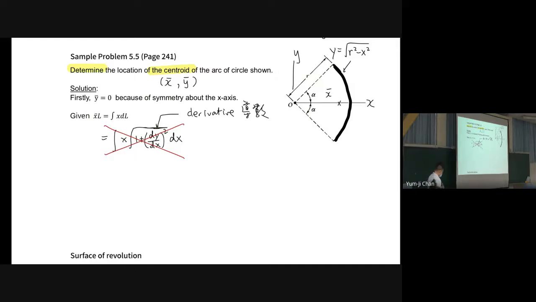Now, we start from here. x bar L is equal to the integral of x dl. dl is this part, right? And then we have x here. And for another part here, we have x dl here. Let me mark it down: x here and dl here, right?